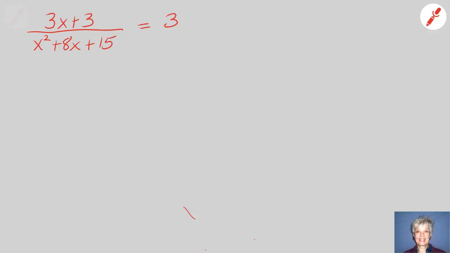So we're going to have 3 times x plus 1 over, now 15 factors into 3 times 5, and 3 plus 5 equals 8. So that tells me how to factor x squared plus 8x plus 15.